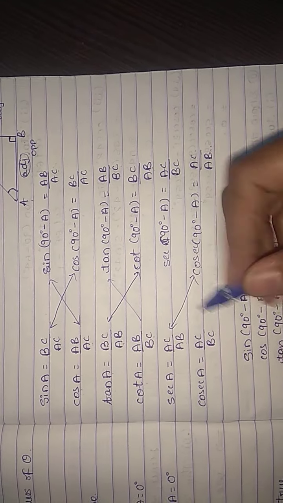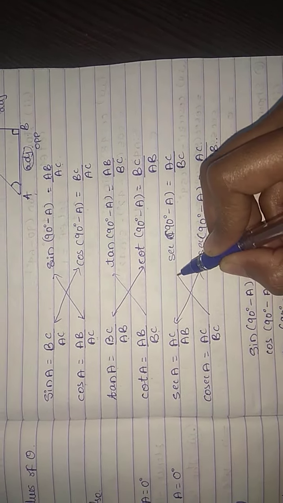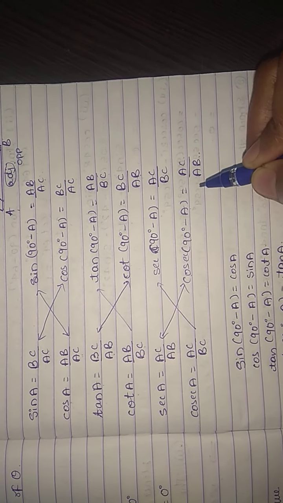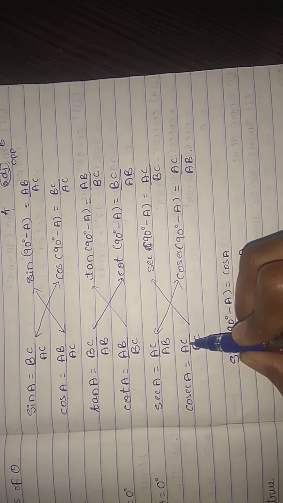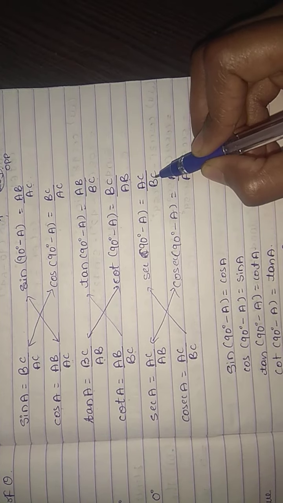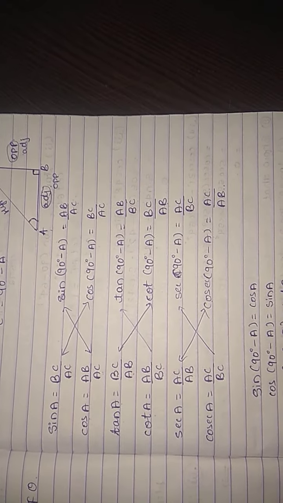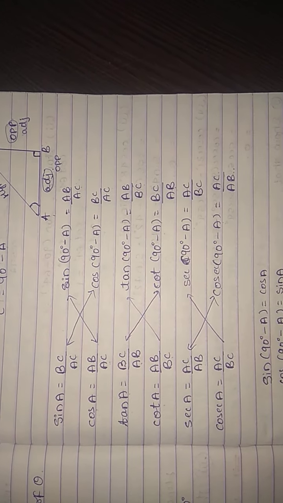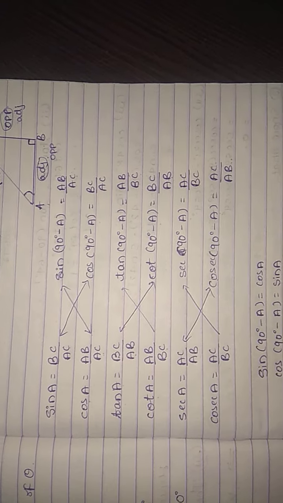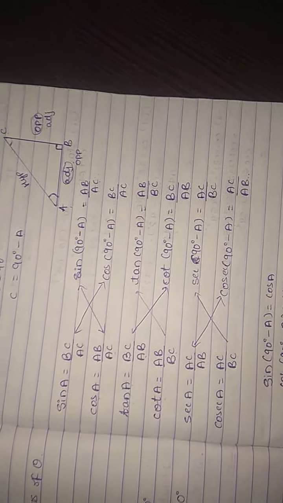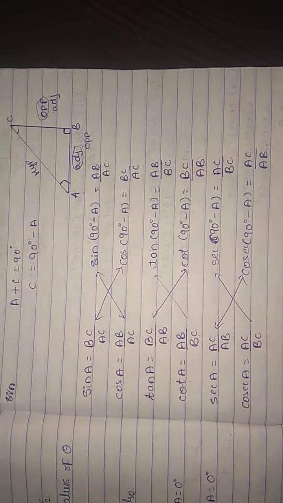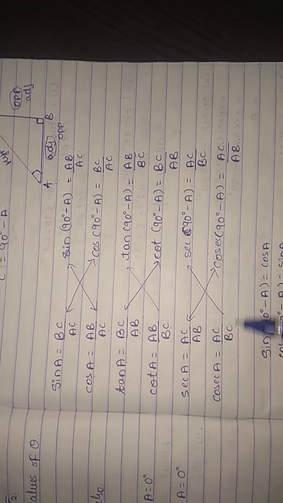Similarly, cosec A is equal to sec 90 minus A. See here. AC divided by BC, AC divided by BC. From these two tables, we can say that every 90 minus A ratio is a complementary ratio. Yes or no?